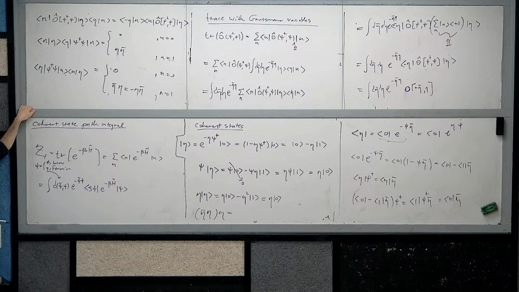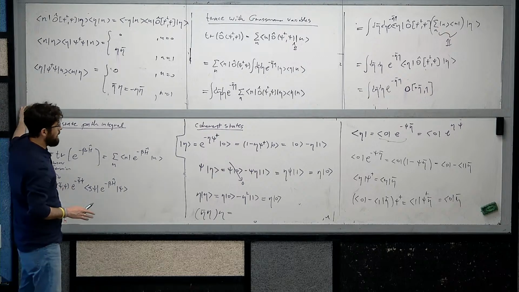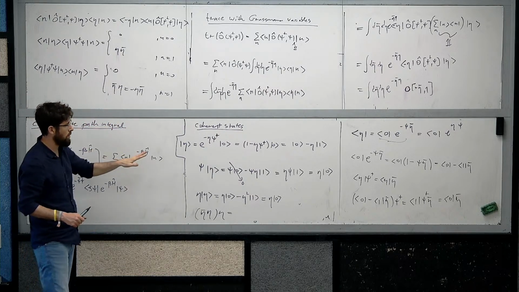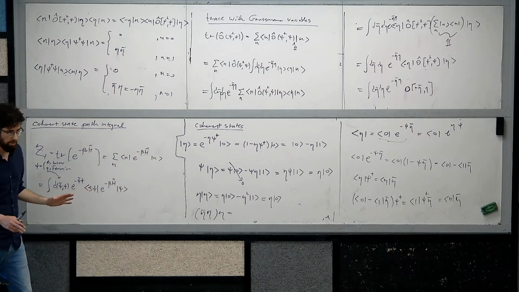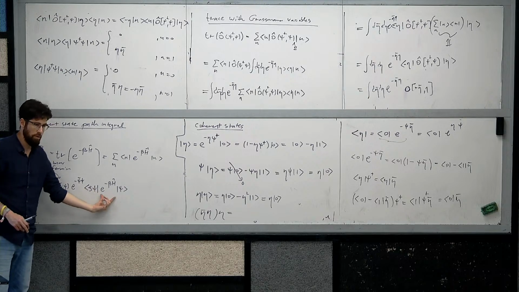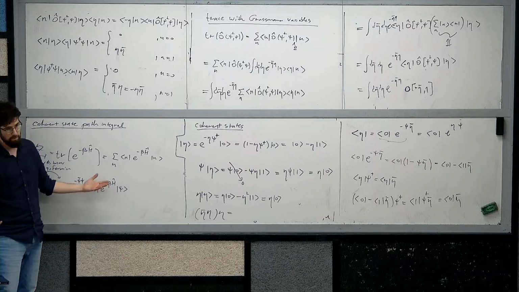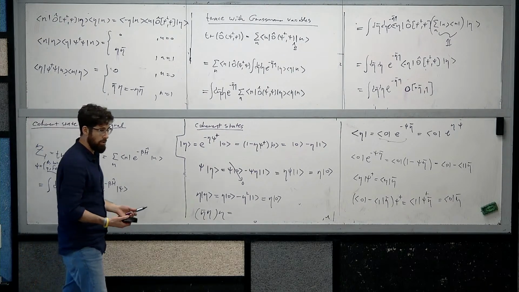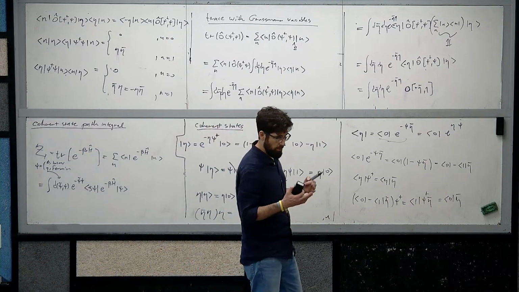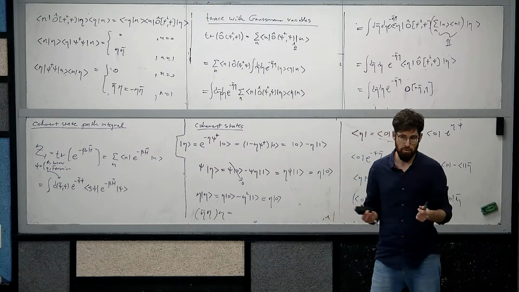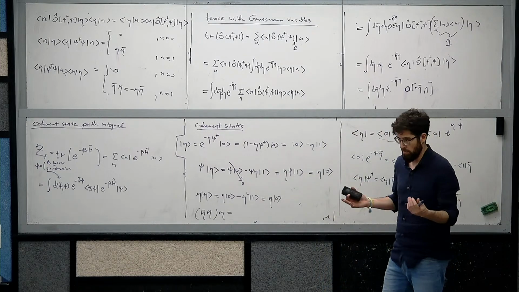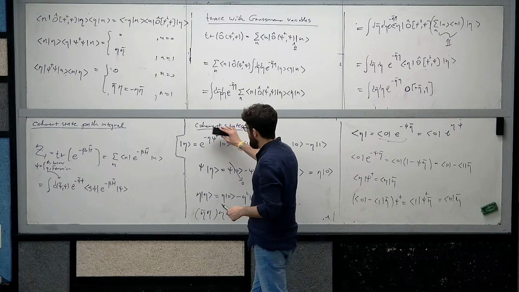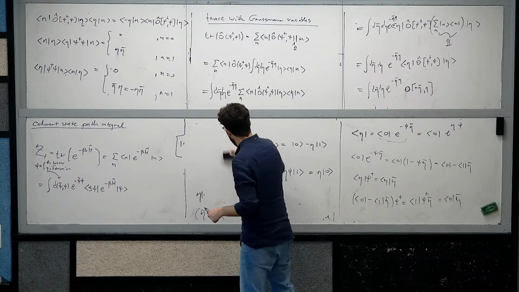Now we have a problem, because while we talked about traces for normal ordered operators, is this operator normal ordered? No. Why isn't it normal ordered? Because even if the Hamiltonian is normal ordered, if I take it to the power n, it's not normal ordered. Obviously. So we need to solve that in some way.